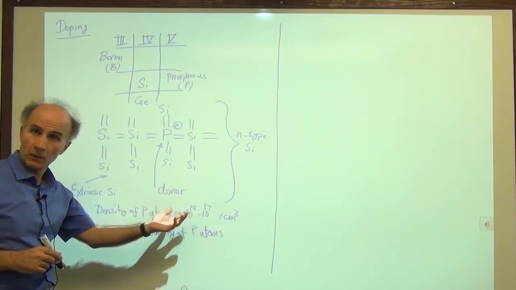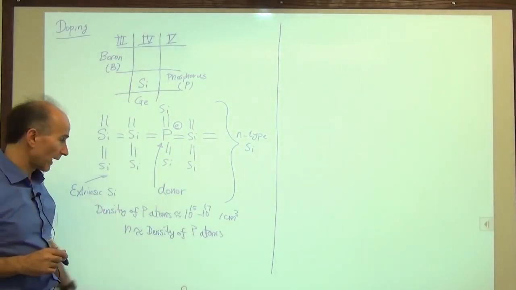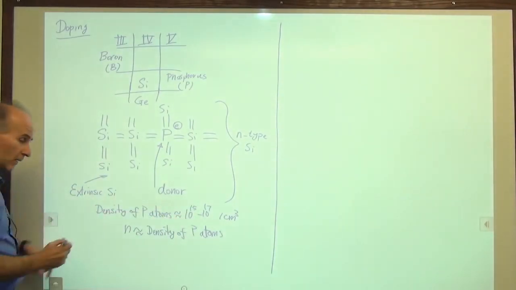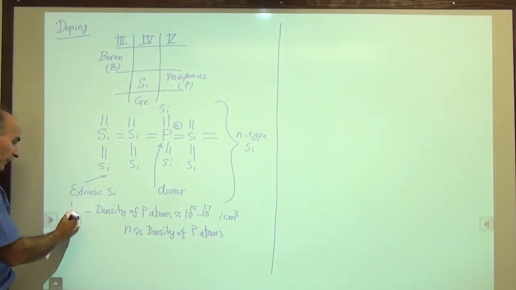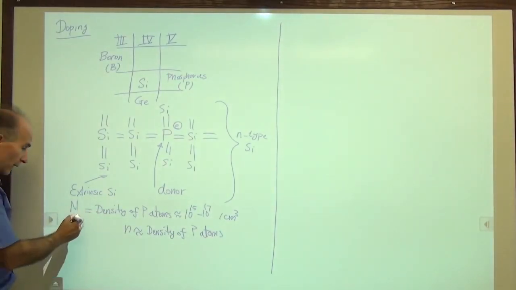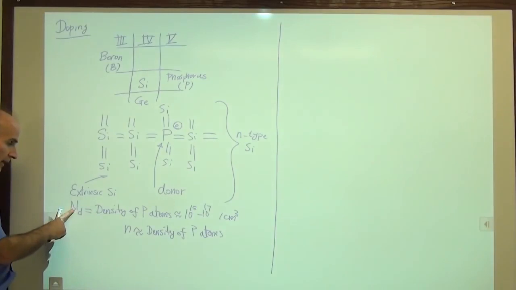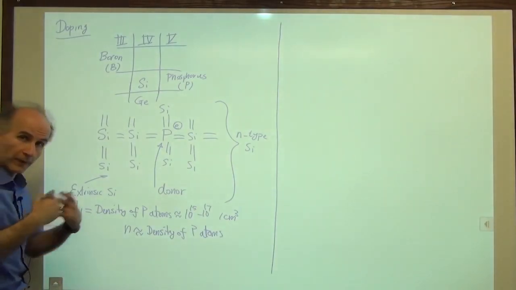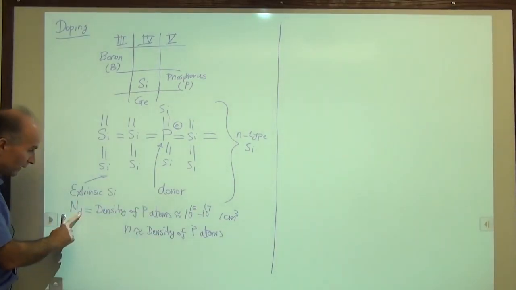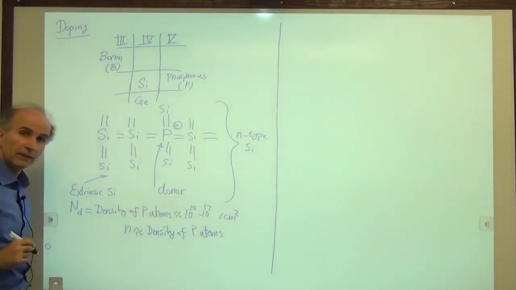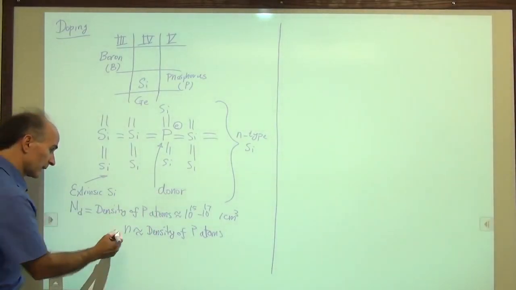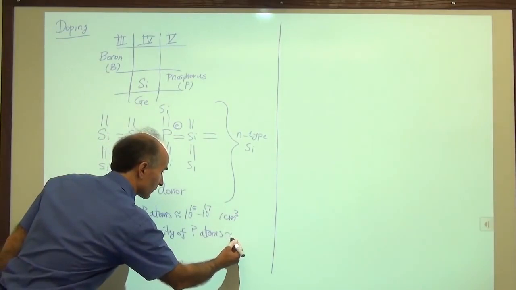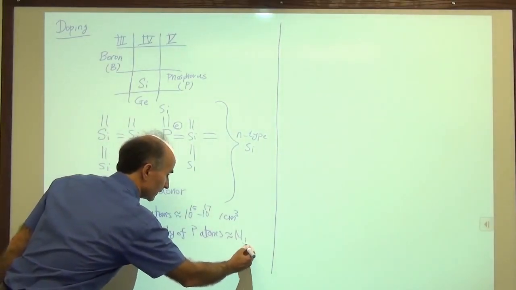This is so much bigger, we'll just keep it like that. And this density has a name. We show that by uppercase N and then lowercase d. N_D is the density of the dopants that we're introducing, and d shows that it's a donor density. So we say that N is approximately equal to N_D.